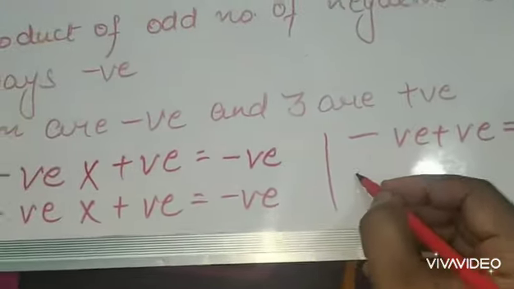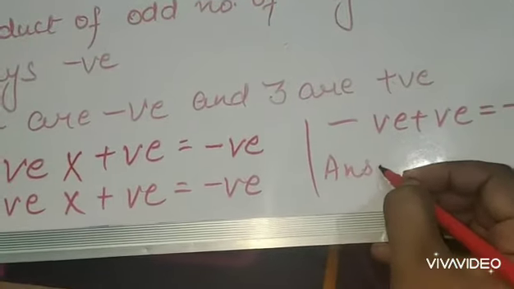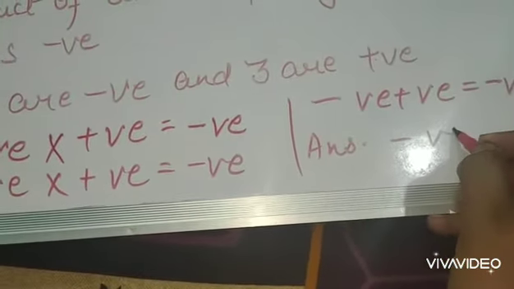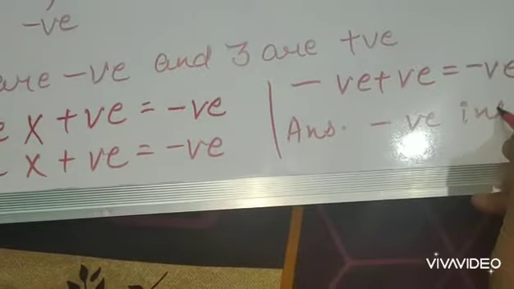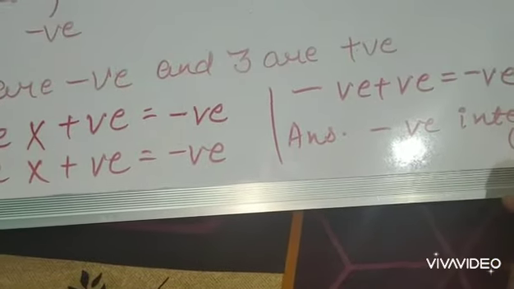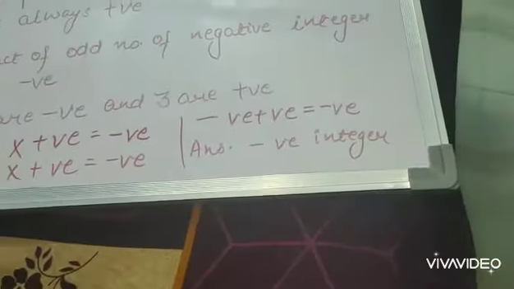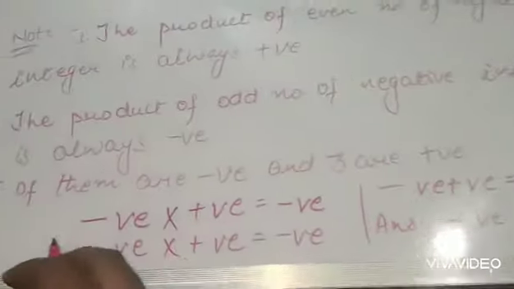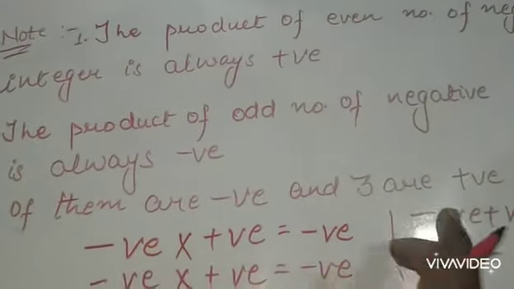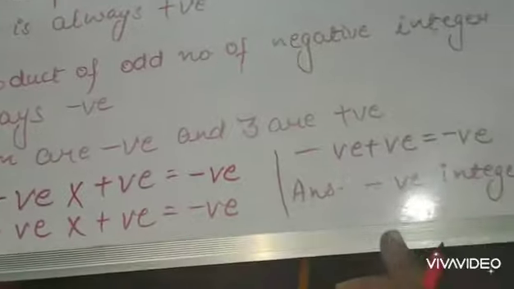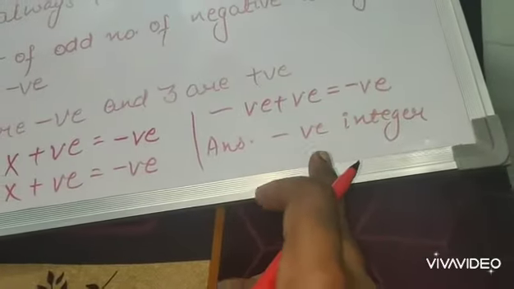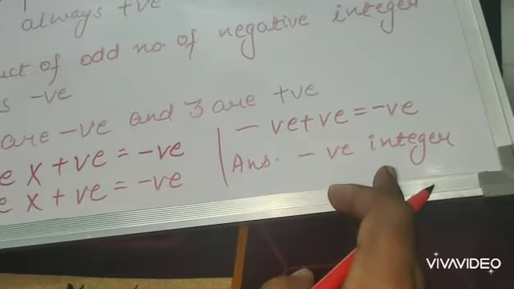So your answer is a negative integer. The product which will come after multiplying these integers, the sign will be negative.